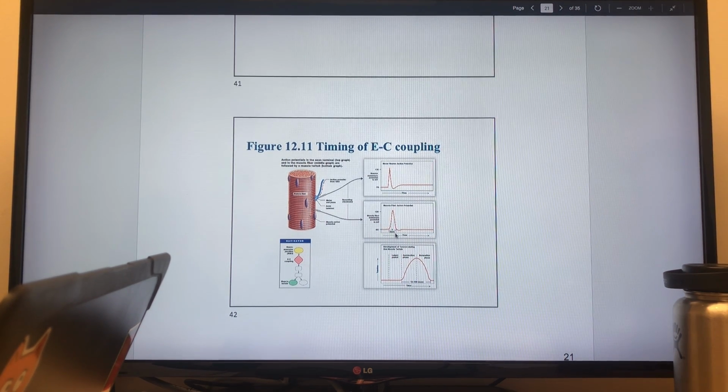It says 2 seconds, I believe. I can't really see. Someone can confirm. 2 milliseconds, I'm sorry. Then from right there, when it travels and hits the actual DHP and RYR, that's when you have another big gap of it releasing all of that calcium everywhere.